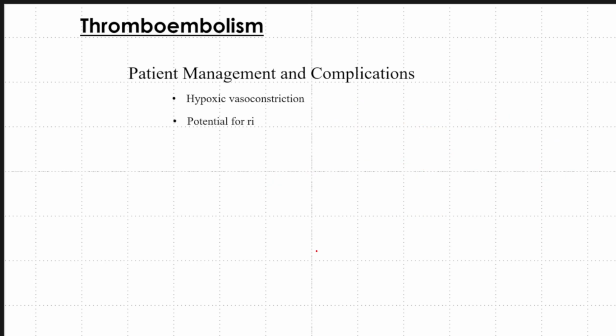Now, another complication that we need to look out for is the potential for right-sided heart failure and respiratory failure. Why? Because as the clot travels to the bloodstream and lodges into the pulmonary arteries, kapag nangyayari yan, the most common talaga na lugar na pupuntahan ng blood clot is your lungs. And it causes what you call your pulmonary embolism.